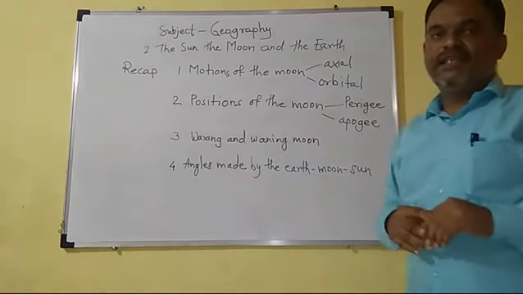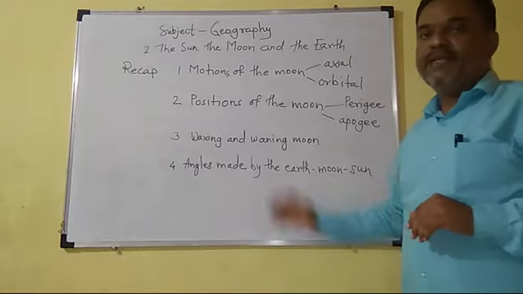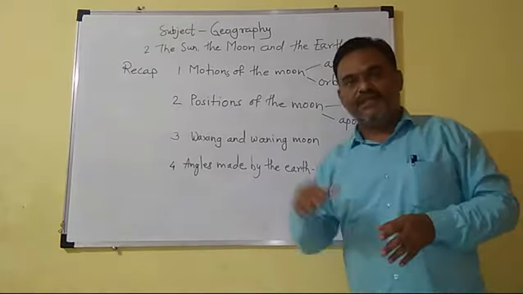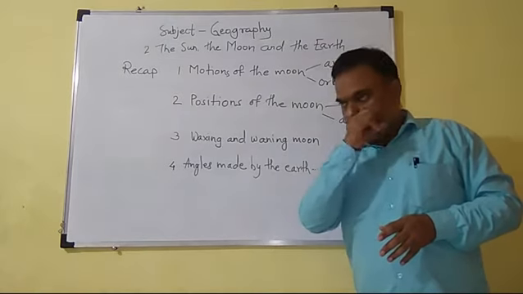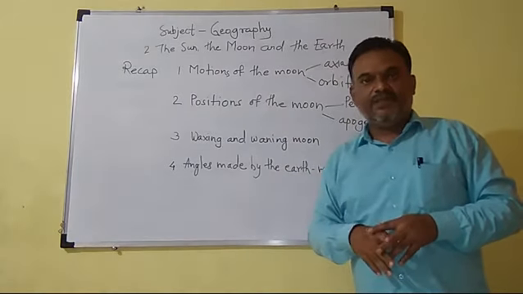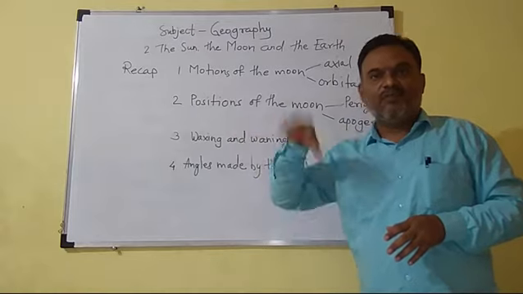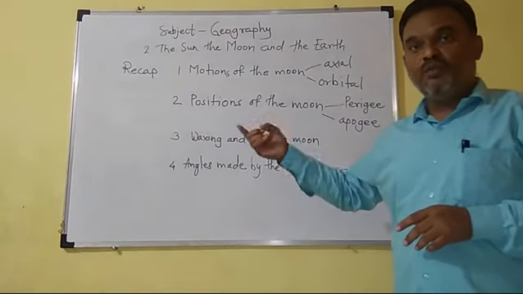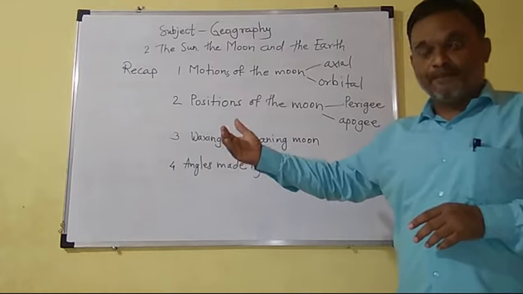The next point that we studied was the waxing and waning moon. You have studied phases of the moon in fifth standard. In the sky at night, every day we see that the shape of the moon goes on changing from new moon to full moon day.